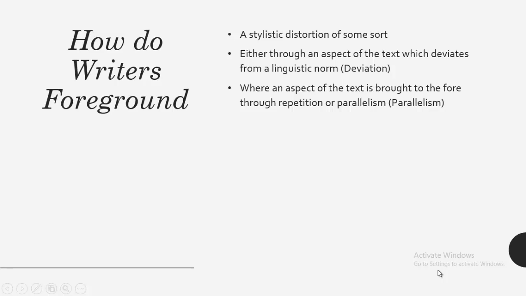So if a writer wants your attention to be focused on something, he or she may repeat it many times, so that the repetition will get the reader's attention, because the writer has repeated it so many times, so it must be important. And parallelism is using parallel structures. We would study deviation and parallelism in detail now.